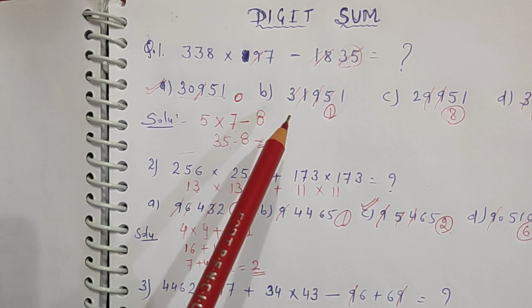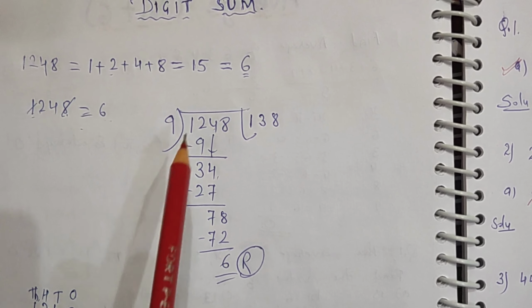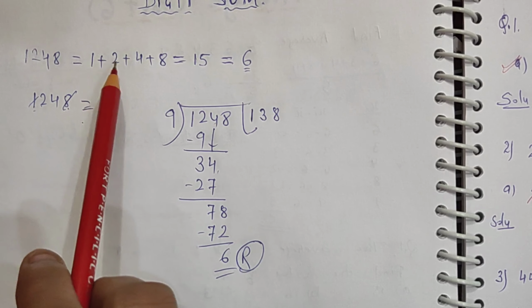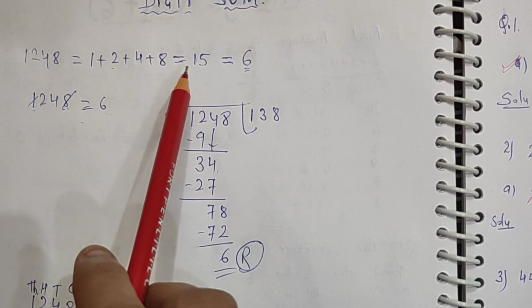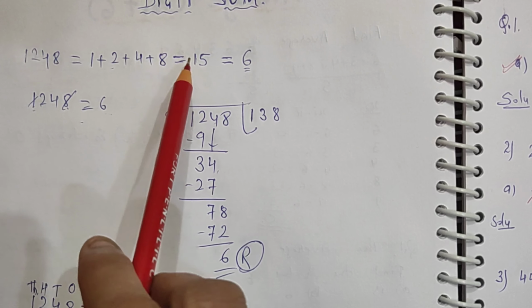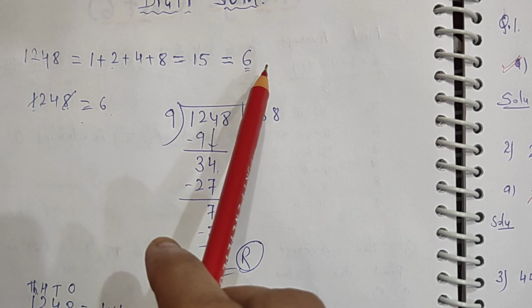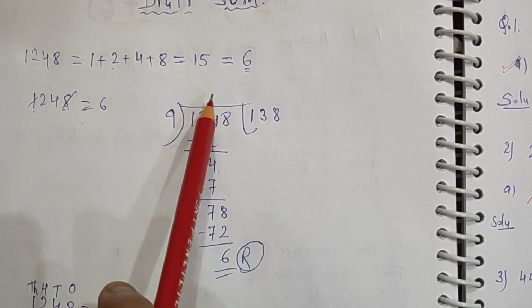Number two, we go on adding the digits till we get my answer in one digit, like here. If we are adding all these digits, we have got answer in 2 digit, but then again we added these 2 digit also and converted the answer into one digit. Hope you have understood it.